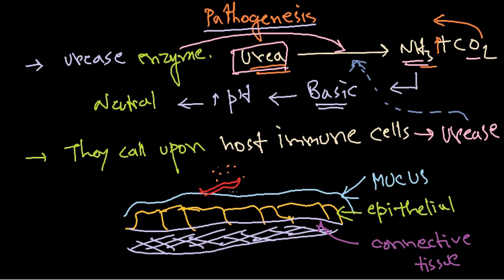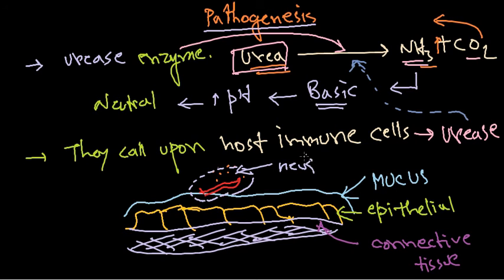Now the basic condition formed will neutralize the pH of the medium, but it cannot neutralize the pH of the medium inside the whole stomach, because the bacteria is very small. This kind of release of urease will be able to create a small environment where they can neutralize.